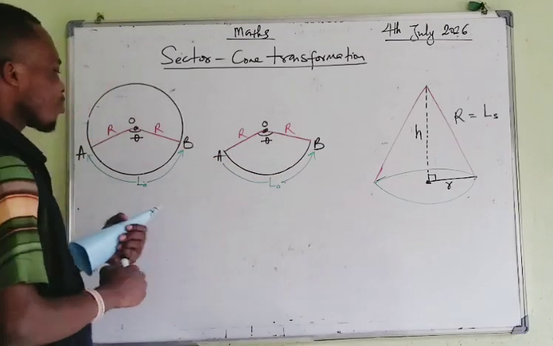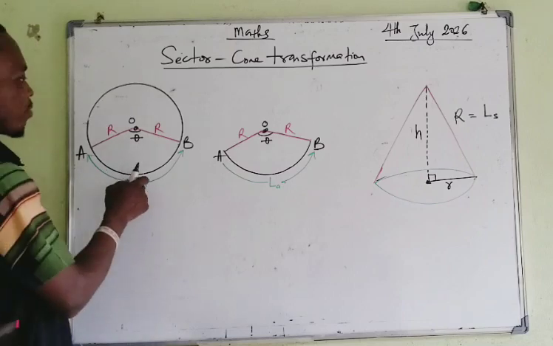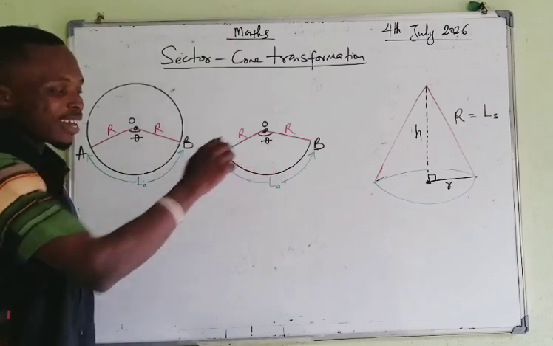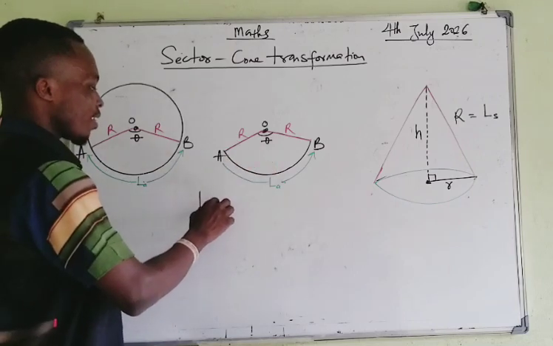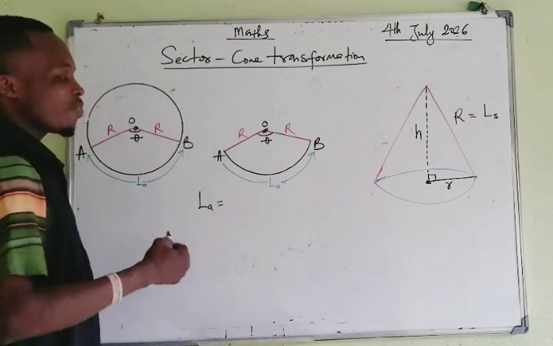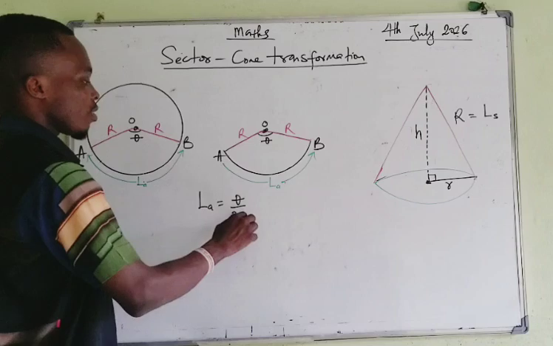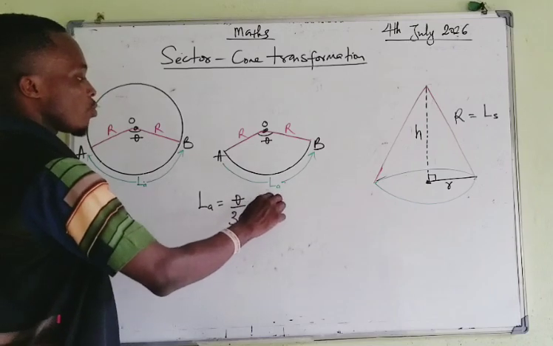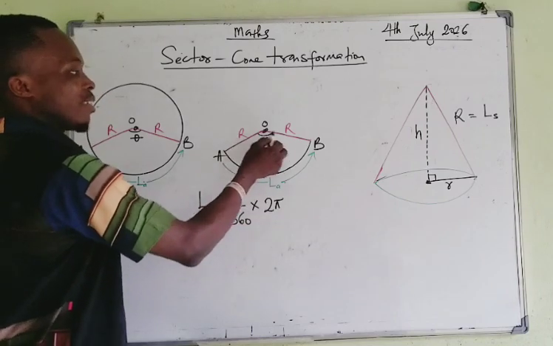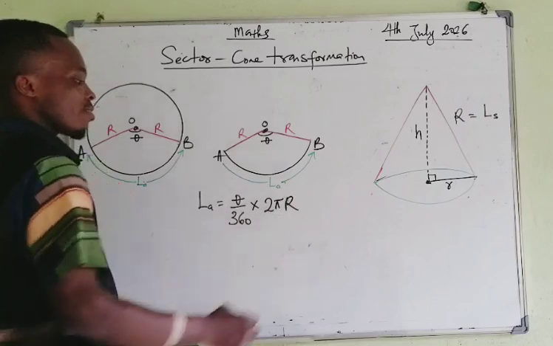How do I mean? What is the length of the arc here? The length of the arc, as we know, is theta over 360 times 2 pi R. Yes, exactly.